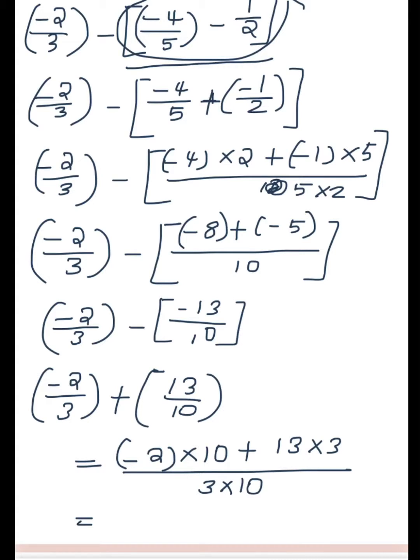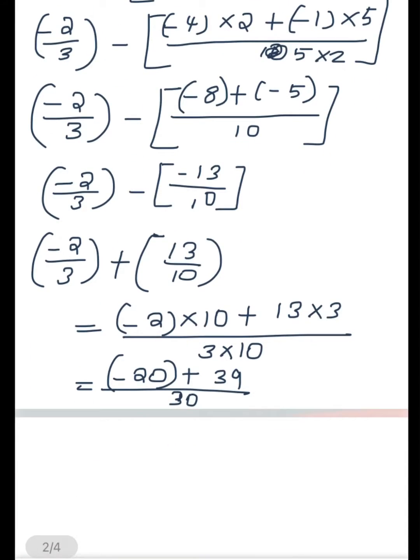So what is minus 2 into 10? It's minus 20 plus, what is 13 into 3? When you do it, you will get 39, divided by, what is 3 into 10? It's 30. Now what is minus 20 plus 39? You have to subtract them and put the sign of the bigger number. So you will get 19. 19 by 30 will be our answer.